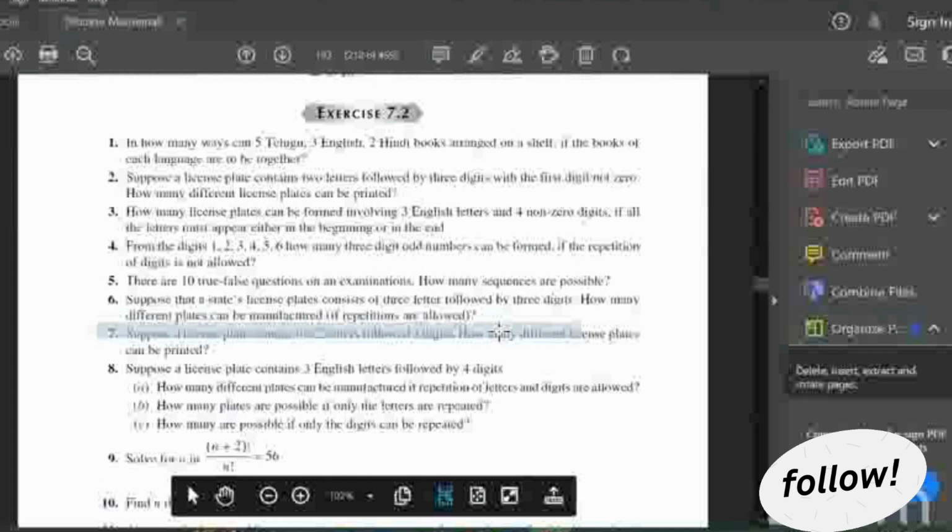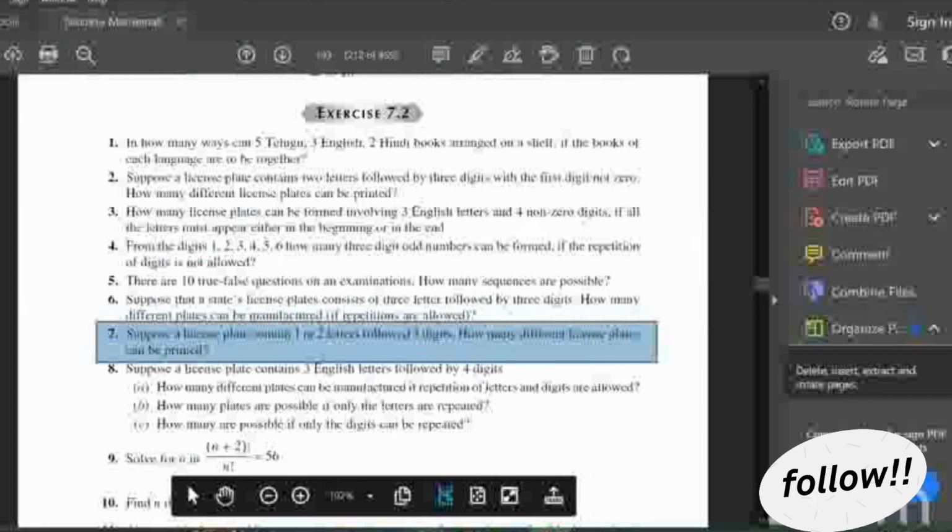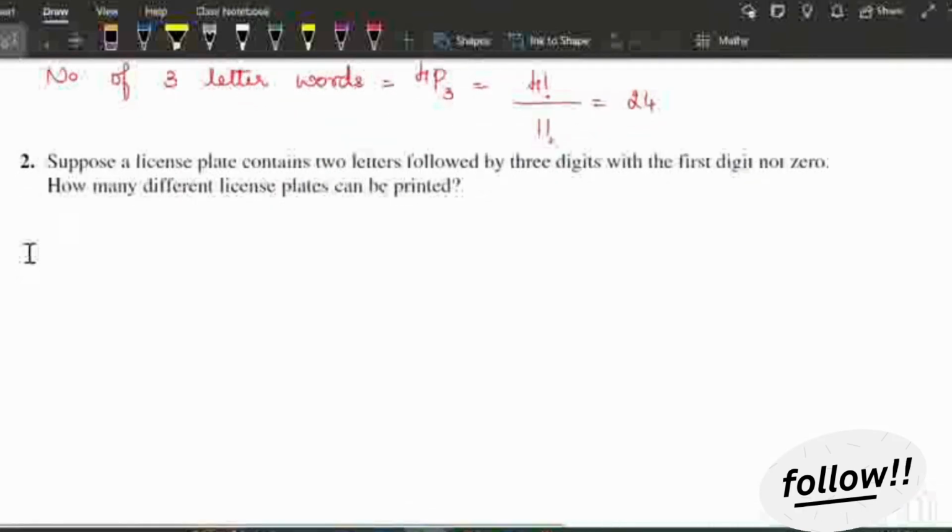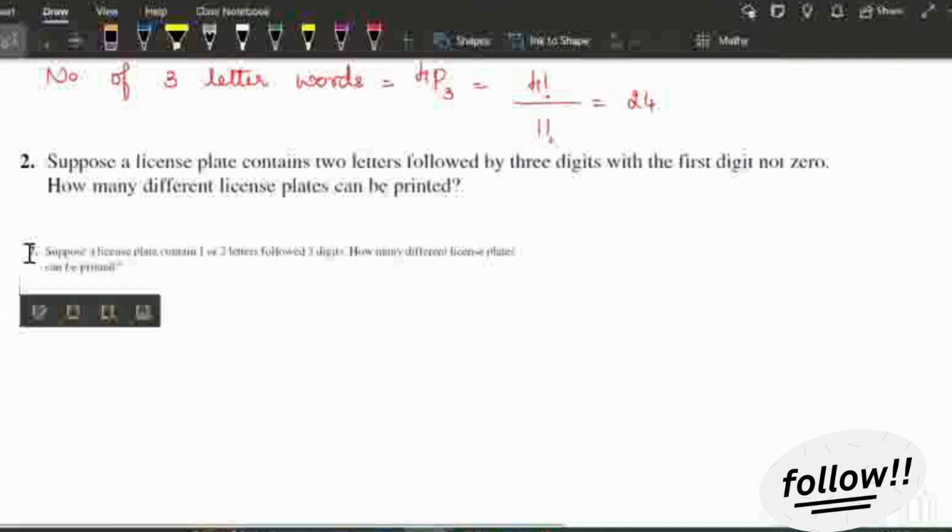First, we'll solve this question and then we'll take the other one. We will solve this question first.